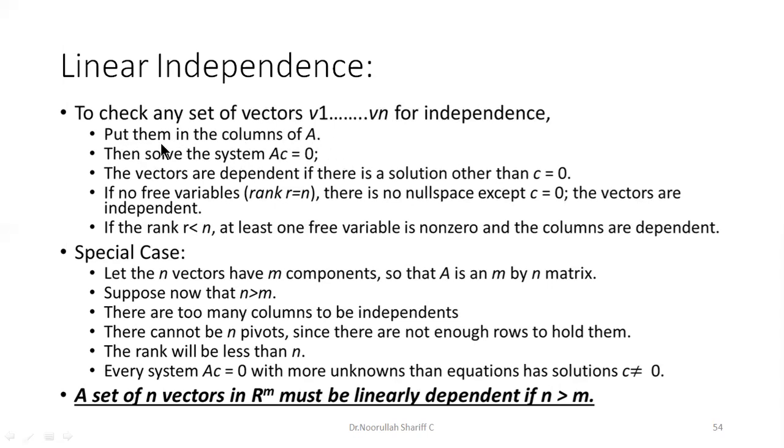Put all the vectors in the columns of A, and if we have a set of n vectors in Rm, they must be linearly dependent if n is greater than m.